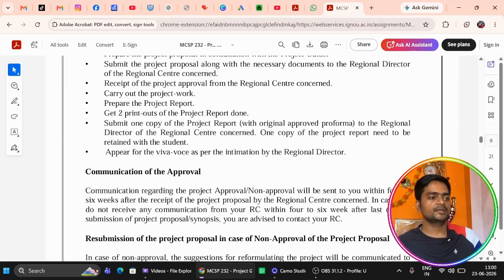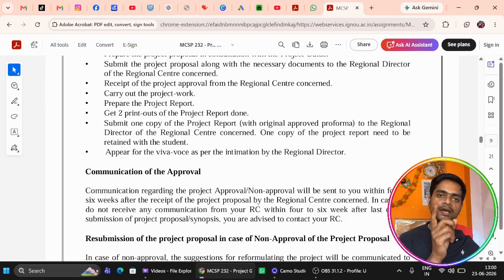So once you submit the final project report, you also have to attach the project proposal pro forma, which I discussed earlier in the video, and a copy of that pro forma has to be attached with the project report as well, to the regional director of the regional center concerned. One copy of the project report needs to be retained with the student. So basically you have to keep one copy with you as well for reference.